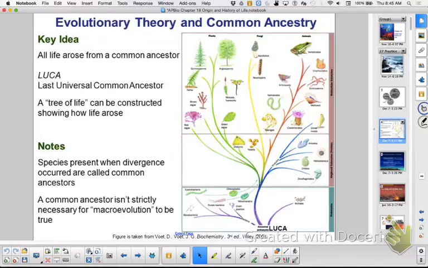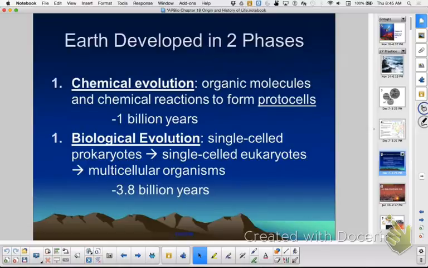So we will discuss 4 different stages, and we're going to be looking at chemical evolution first, and then transitioning into biological evolution. So stages 1 through 3 will be chemical evolution, and we're going from monomers to polymers to protocells.